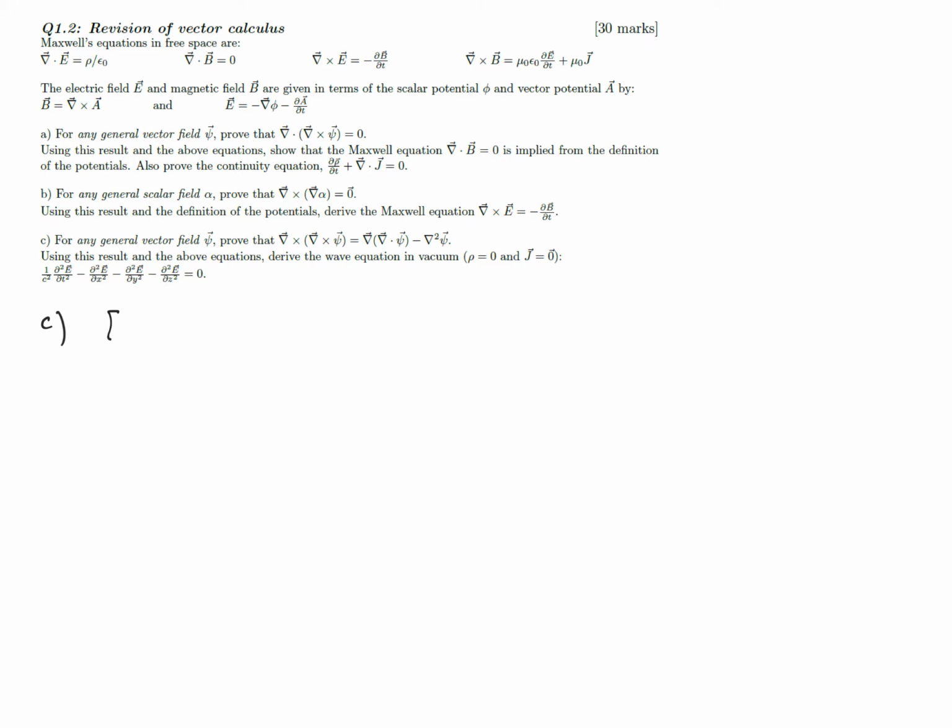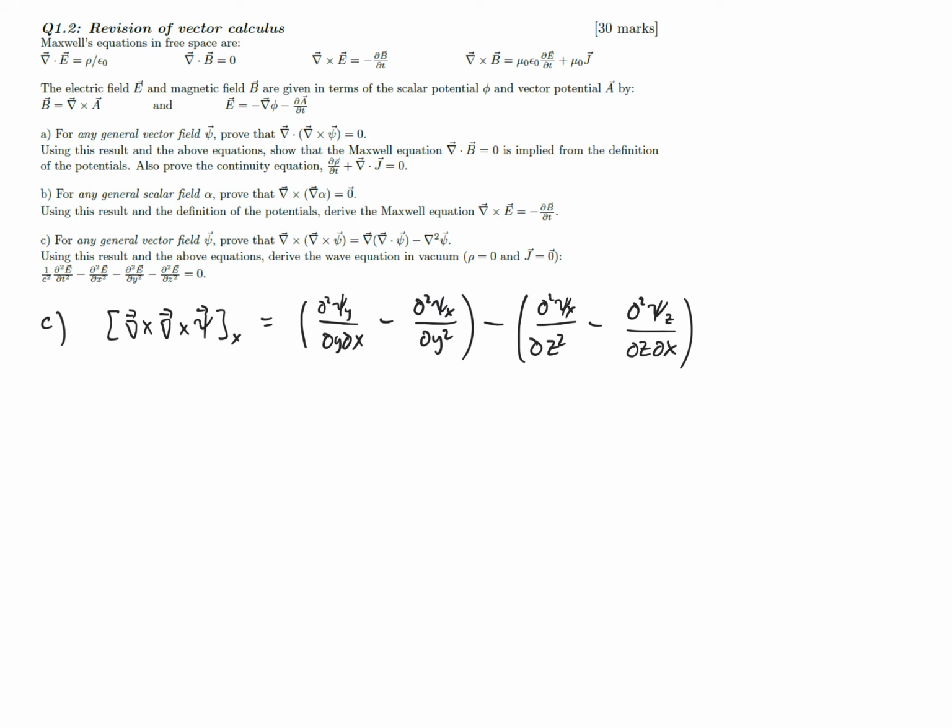Okay, so I'll look at the curl of the curl of the vector field psi. I'm just going to look at the x component of that vector. So what's that going to look like? That's basically the following. Okay, so this is what we get. I'll leave it for you to go through the maths of actually doing those successive cross products.